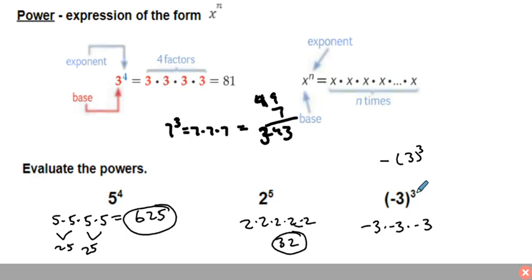The thing I teach the kids is if you're multiplying a negative by itself an odd number of times, it's always going to be a negative answer. If you do it an even number of times, it's positive, because for every 2 negatives you have, they cancel. So you get -3 times -3 is +9, times -3 gives you -27.